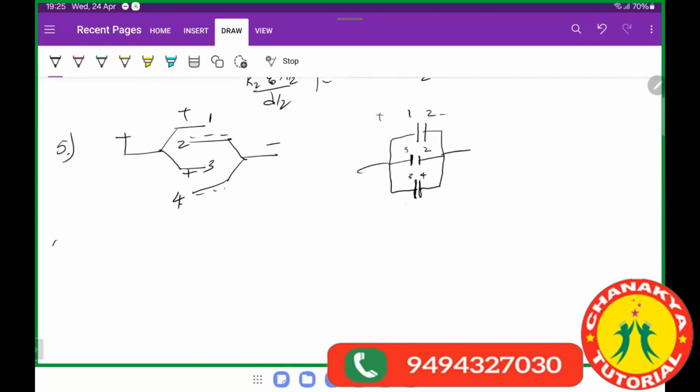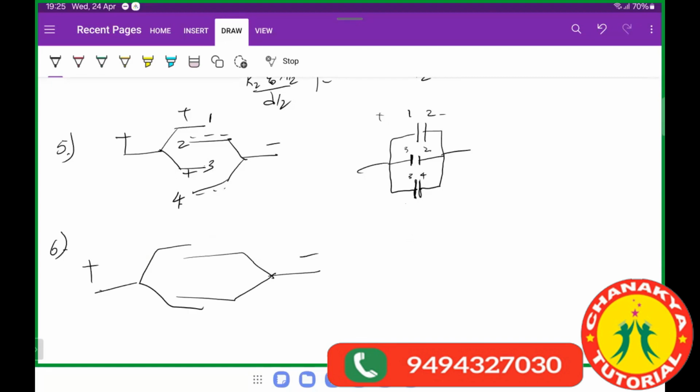Now let's see the sixth. What we'll do here, let's bring this inside. Let's make this a plus. This is minus. Now tell me, how many capacitors are here?